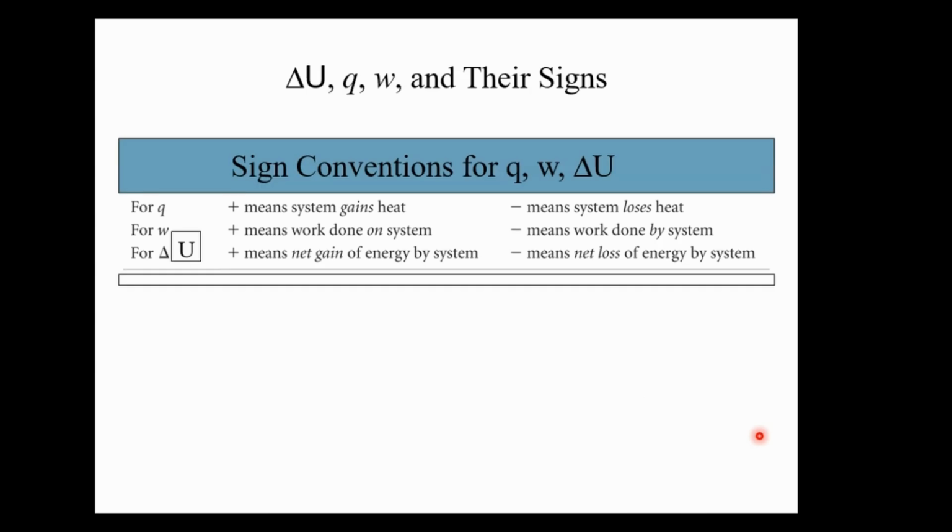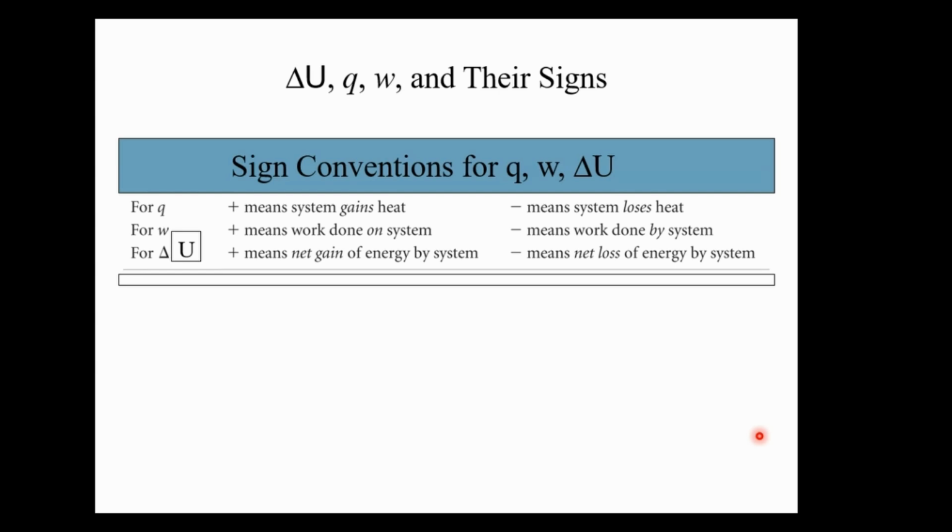So these sign conventions, using that equation: if we have a positive Q value, that means the system gains heat. If it's negative, the system loses heat. Same thing for work. If it's positive, work is done on the system, raising it to a higher level perhaps.